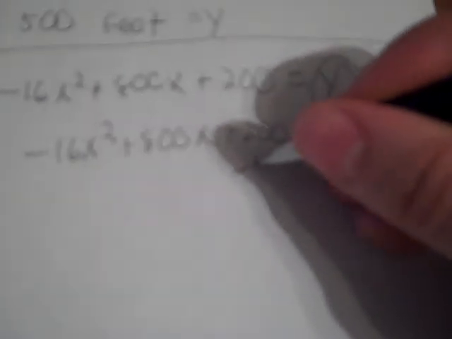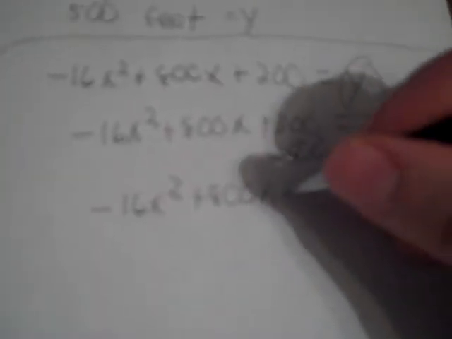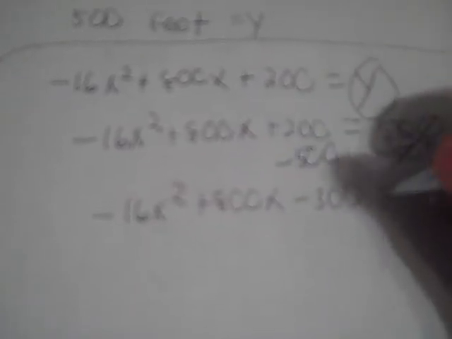So I have negative 16x squared plus 800x plus 200 minus 500, which is negative 300, equals 0. And now you can proceed because there are three terms. There are always three terms on these, but you do need to clear to 0.